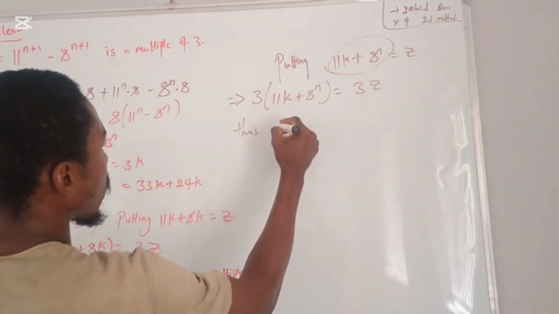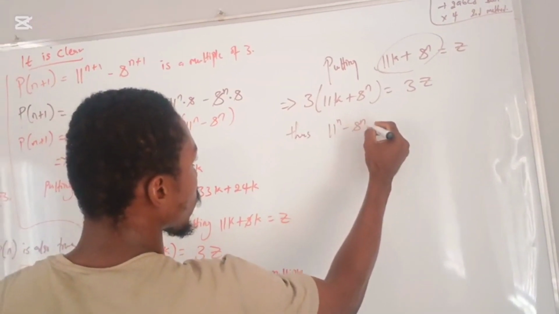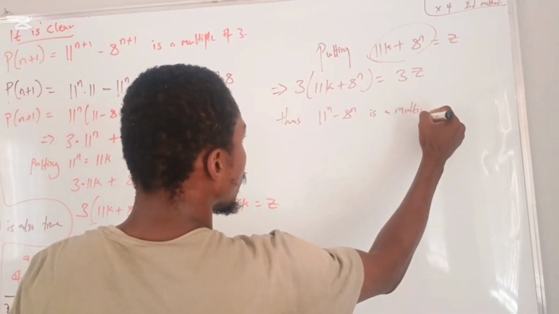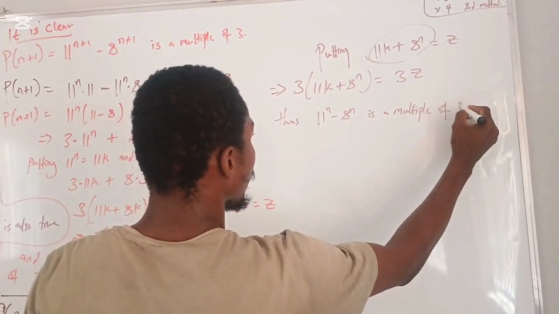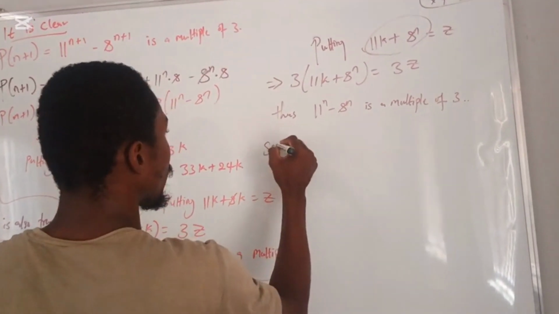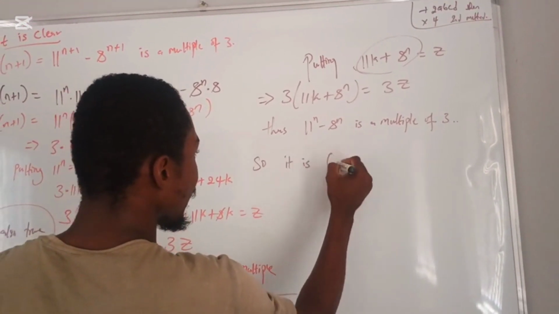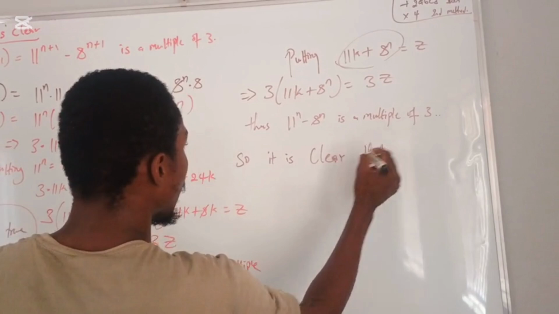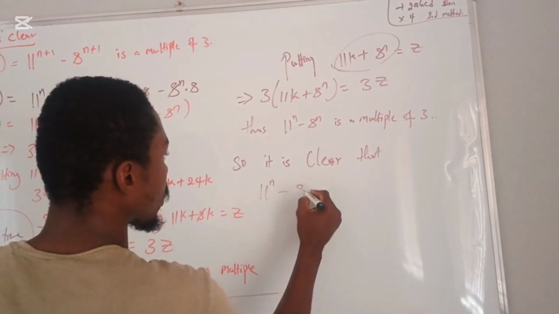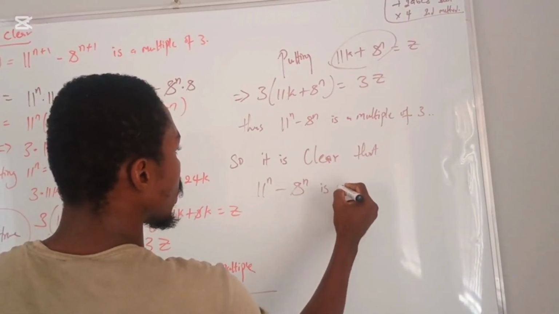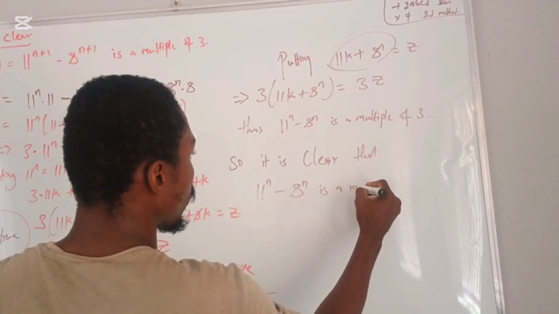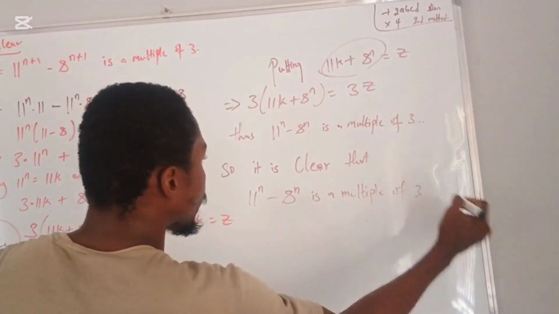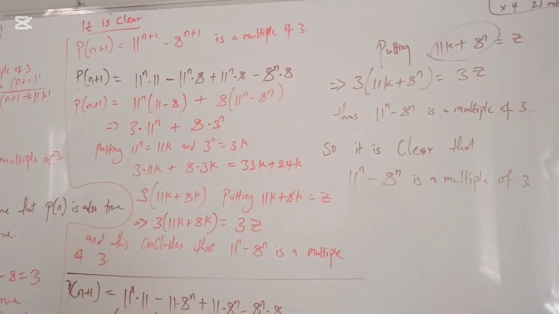Thus, 11 raised to the power n minus 8 raised to the power n is a multiple of 3. So, it is clear that 11 raised to the power n minus 8 raised to the power n is a multiple of 3, and that completes our proof.